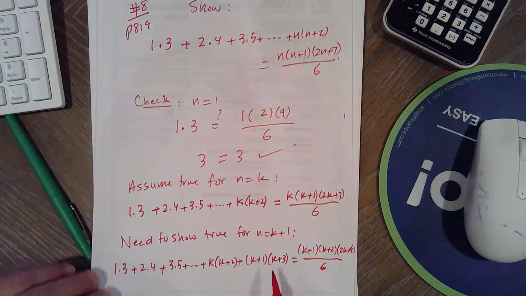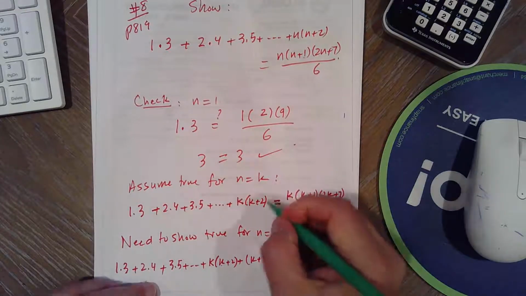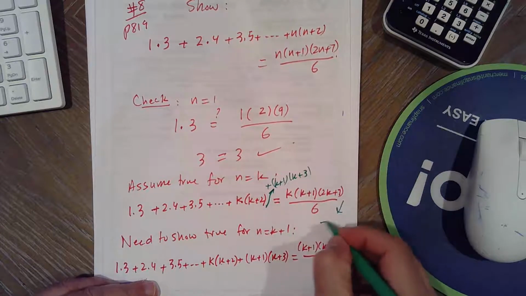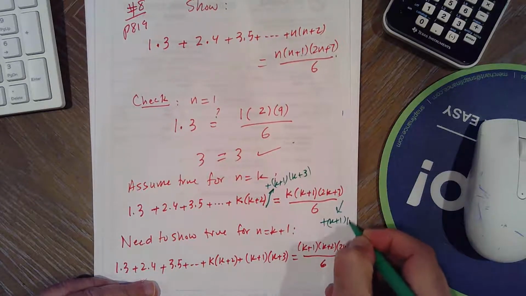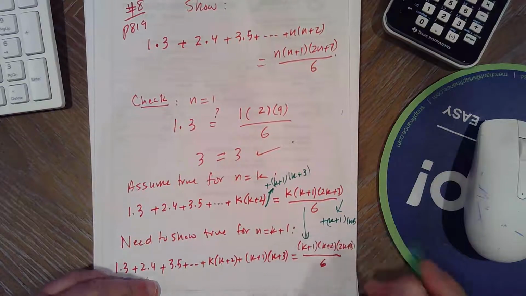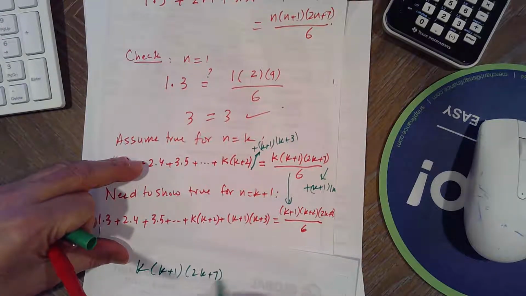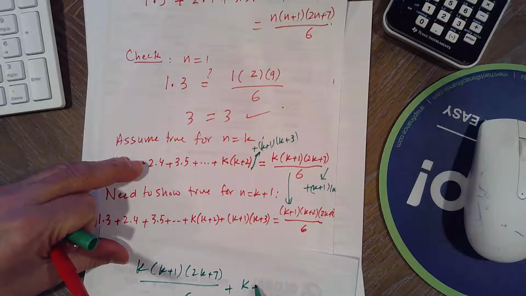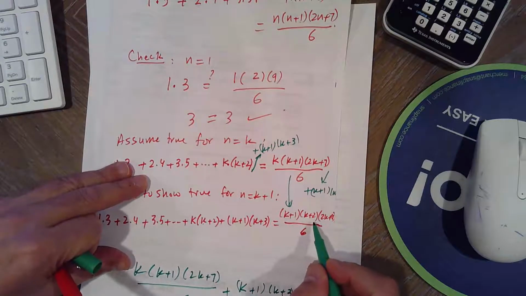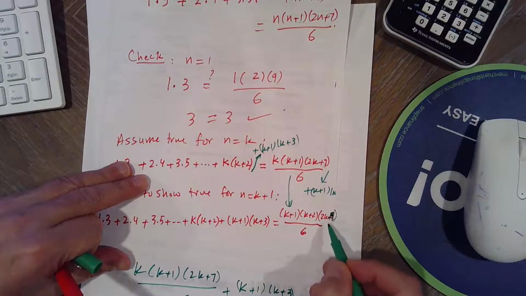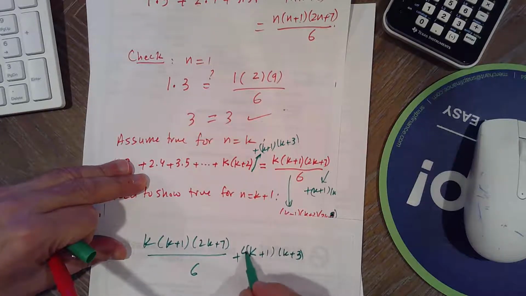So all we need to do now, just like we did over there, is add k plus 1 times k plus 3 to both sides and show that these two are equal. So here, if you take k times k plus 1 times 2k plus 7 over 6, and add k plus 1 times k plus 3, we need it to equal k plus 1 times k plus 2 times 2k plus 9 over 6.